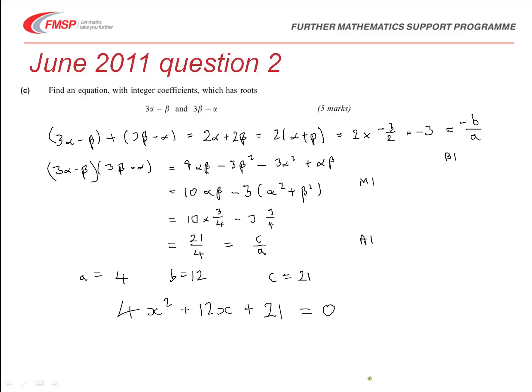And then finally, for then working out what values you need for a, b and c, and stating an appropriate equation will give you what you require to get marks 4 and 5.